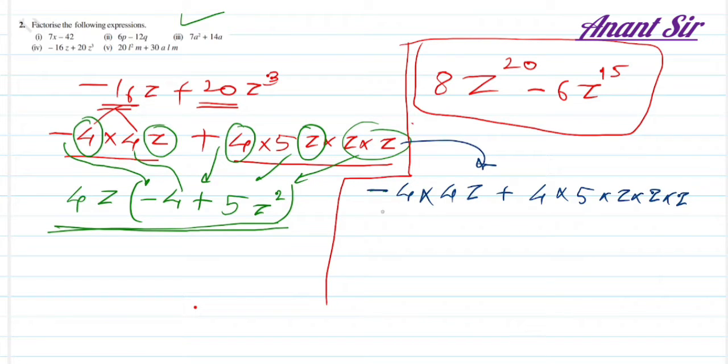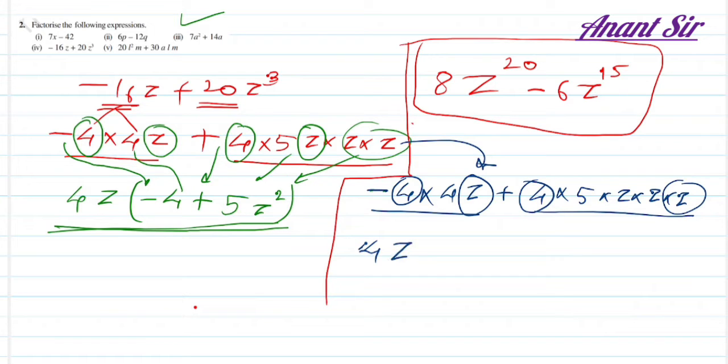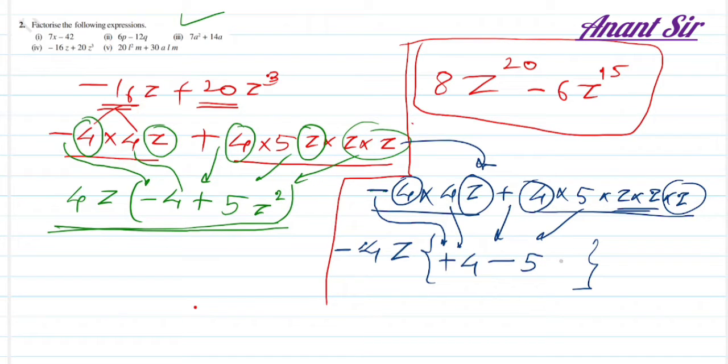So now what is common in both the terms? 4 and z also. But now if you want to take minus also common, then at that time you have to change the sign. You have to write this as plus 4 and this also changes sign, you have to write this as minus 5, and z into z is z square.